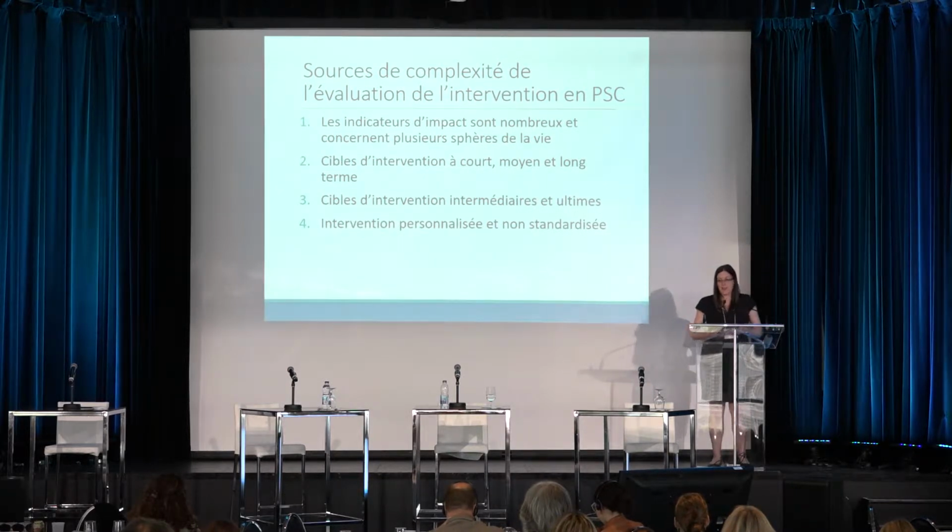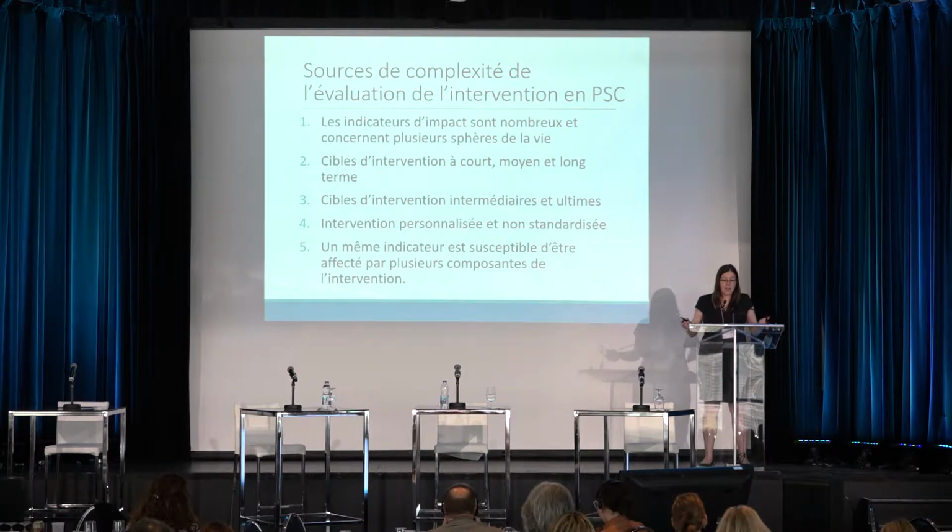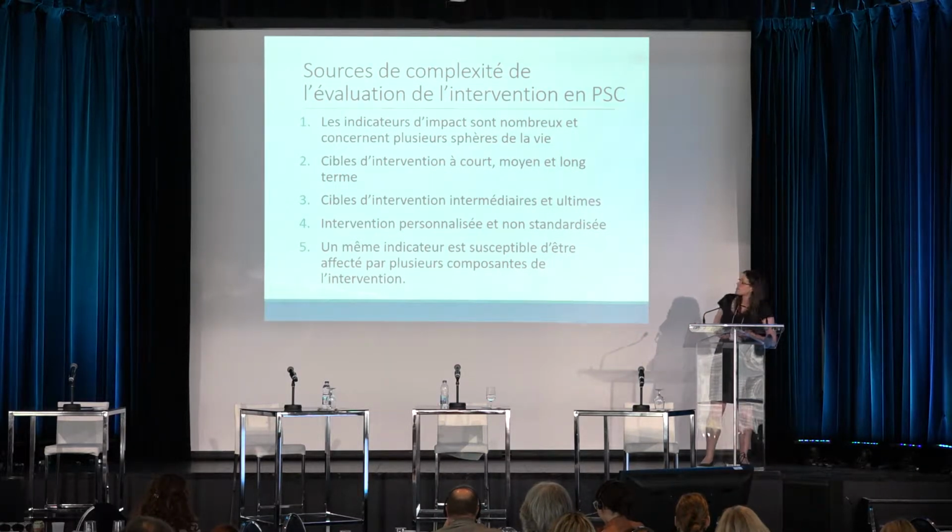And then we want to have customized, non-standardized interventions, and that can then make it rather complicated in terms of assessing the interventions. And then finally, the same indicator may be affected by several components of the intervention.